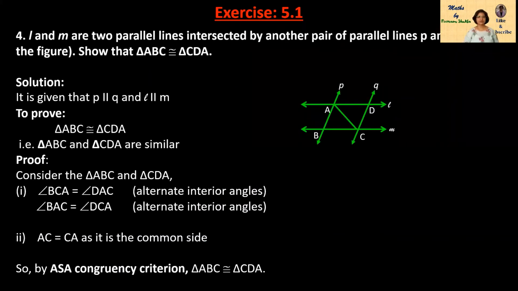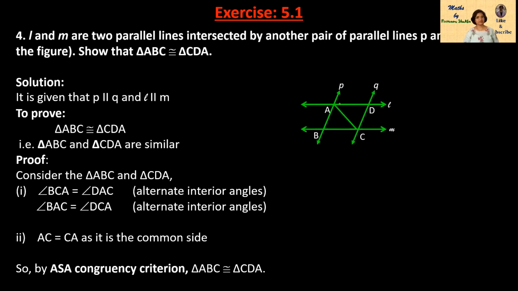Now we will come to question 4. It says L and M are two parallel lines intersected by another pair of parallel lines P and Q. Show that triangle ABC is congruent to triangle CDA. So here we have to show that triangle ABC is congruent to triangle CDA.